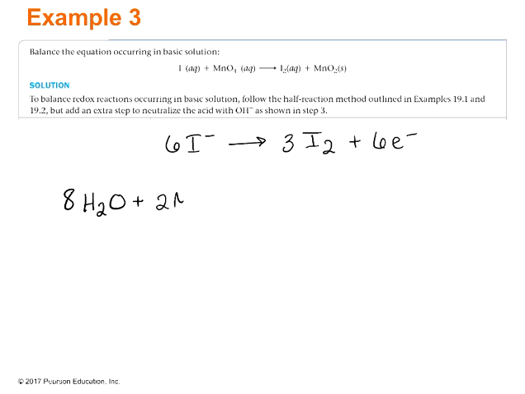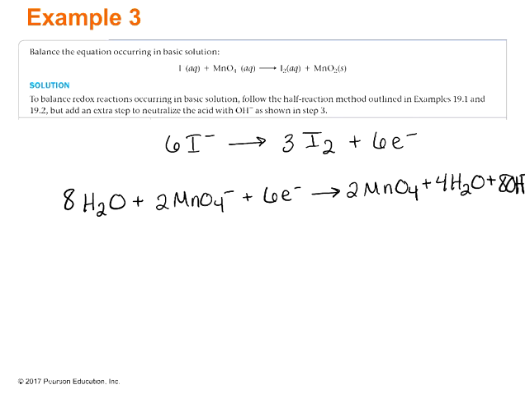Let's see, 2 permanganate ions and 6 electrons. And then in the products, we have 2 manganese 4 oxide molecules. We have 4 H2O and 8 OH minus. Ooh, that's a lot. Got a little cramped over there.